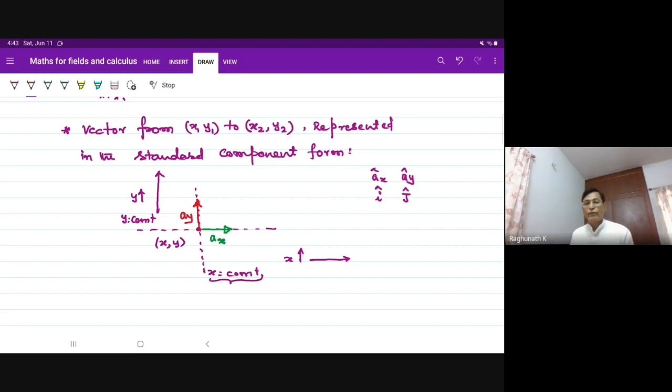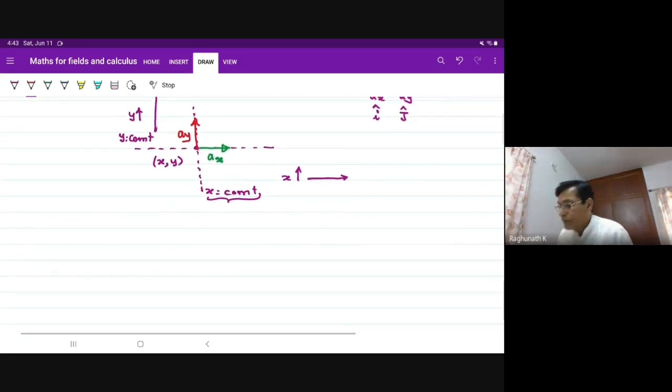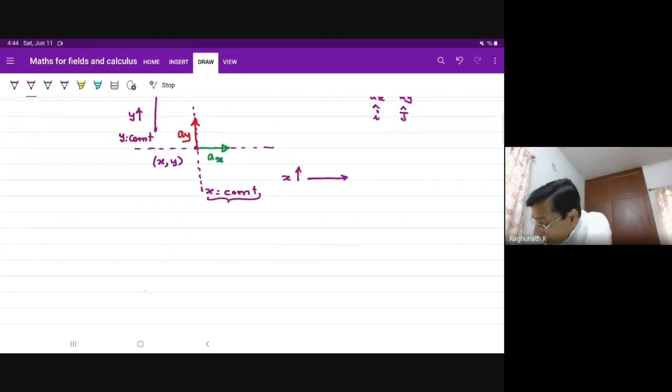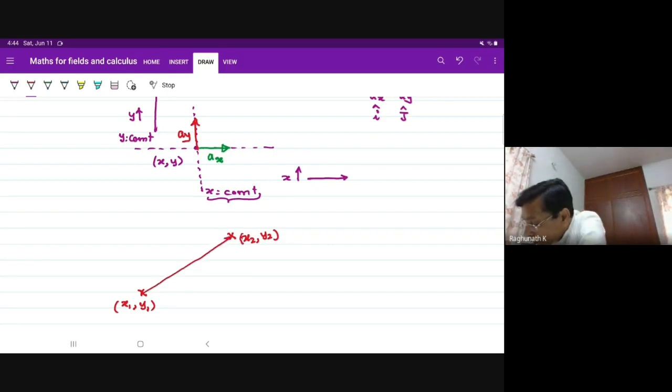Then, listen carefully. We want to talk about a general vector from x1 comma y1 to x2 comma y2, vector from point 1 to point 2.